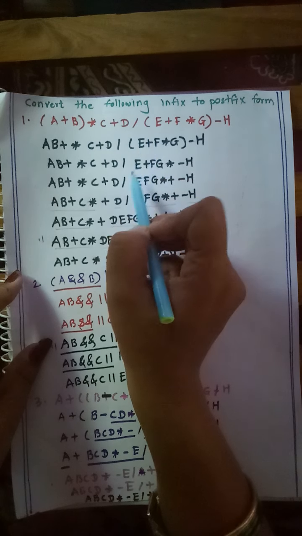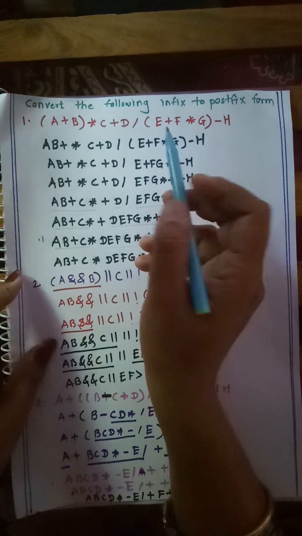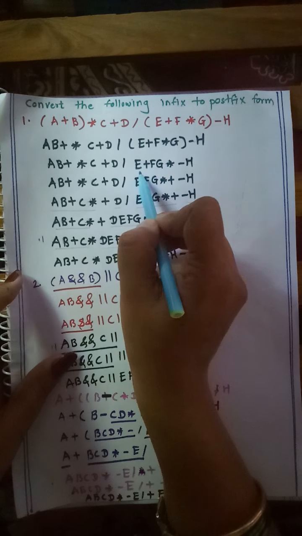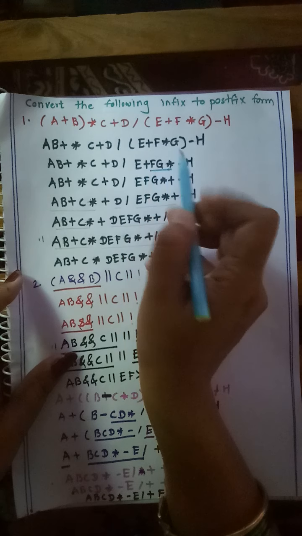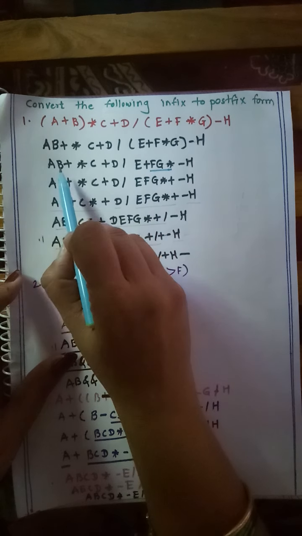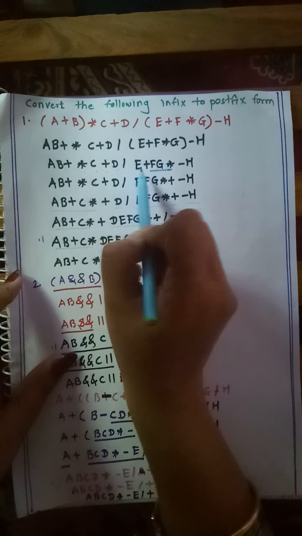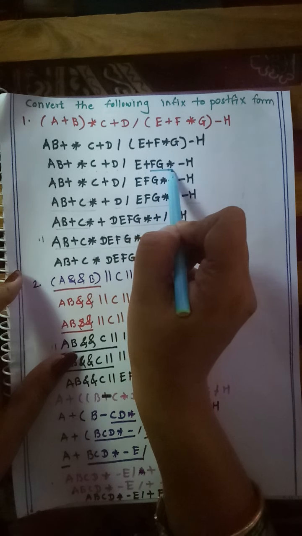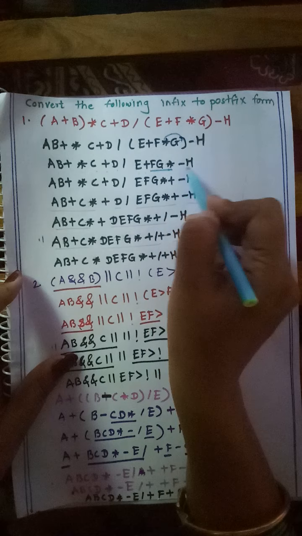Now here we convert the next expression, that is f g star. Now a b plus c star c plus d slash e plus f g star. This star goes to here. Now minus h.